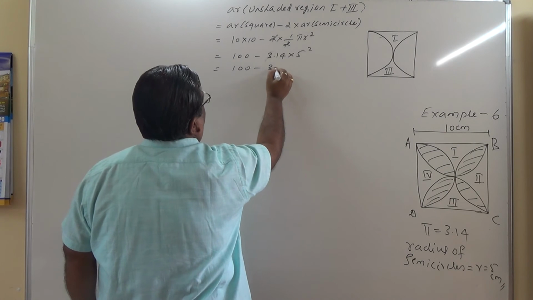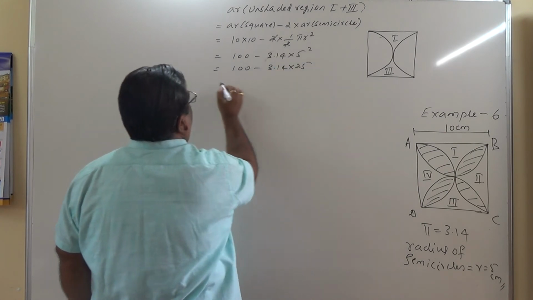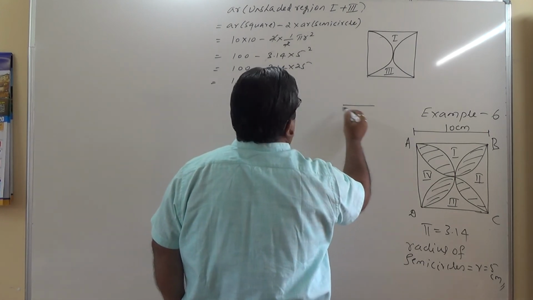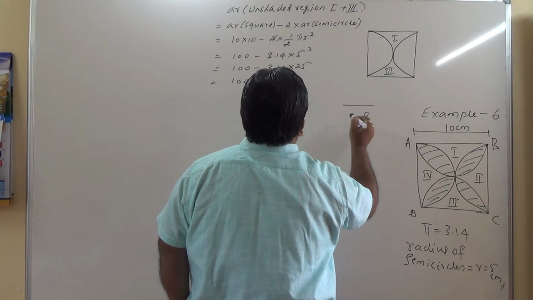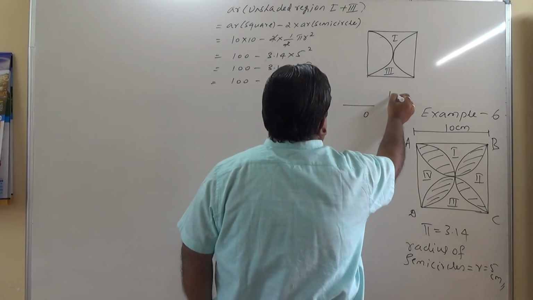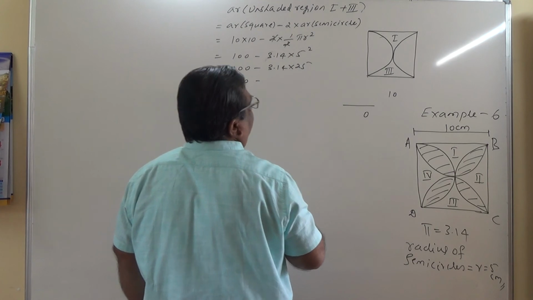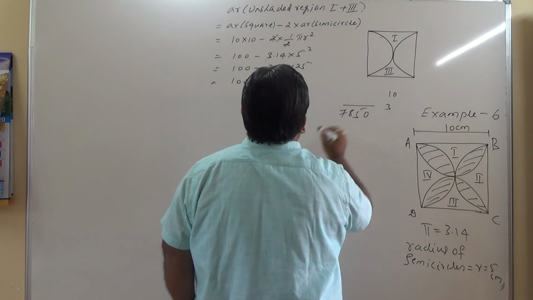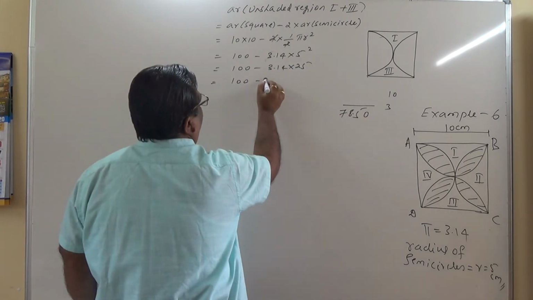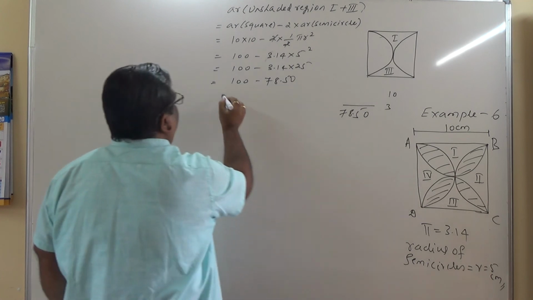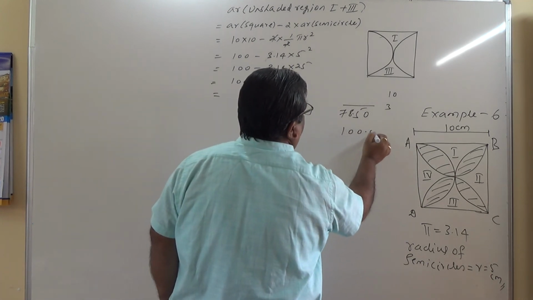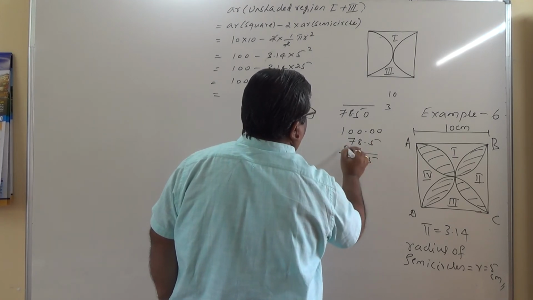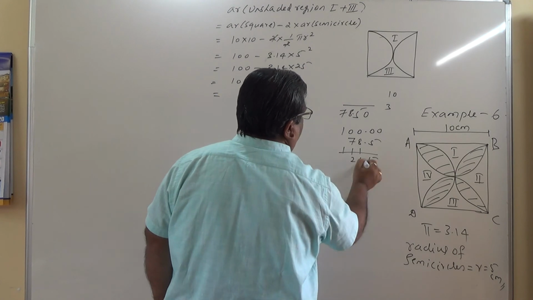100 minus 3.14 into 25, which is equal to 100 minus, 25 fours are 100, 25 ones are 25, 35, 75, 78, which is 78.50, which is 100 minus 78.5, which is 21.5.